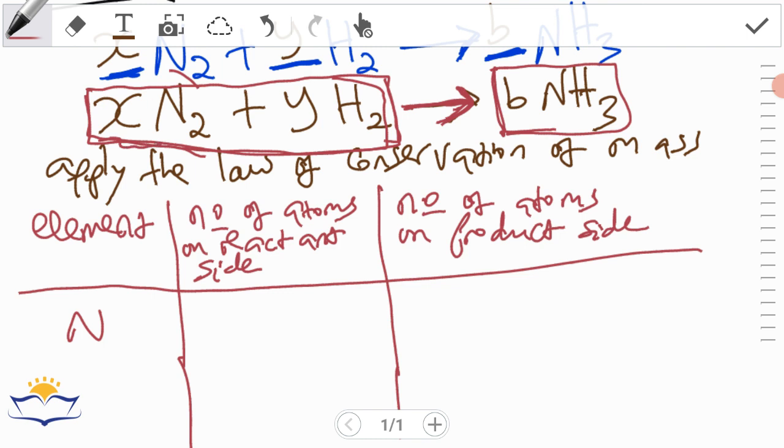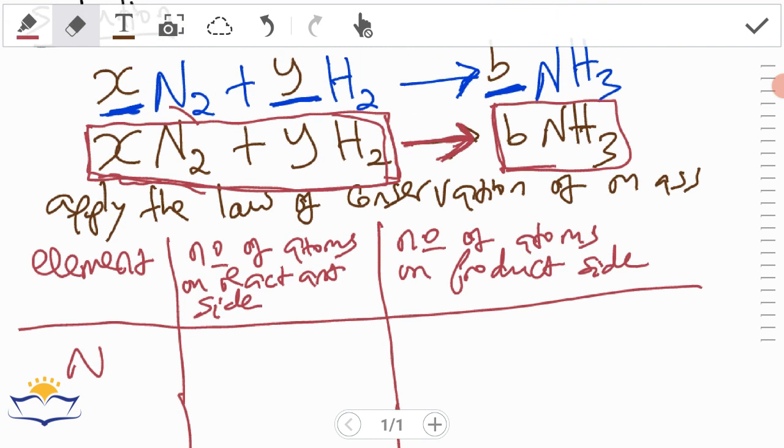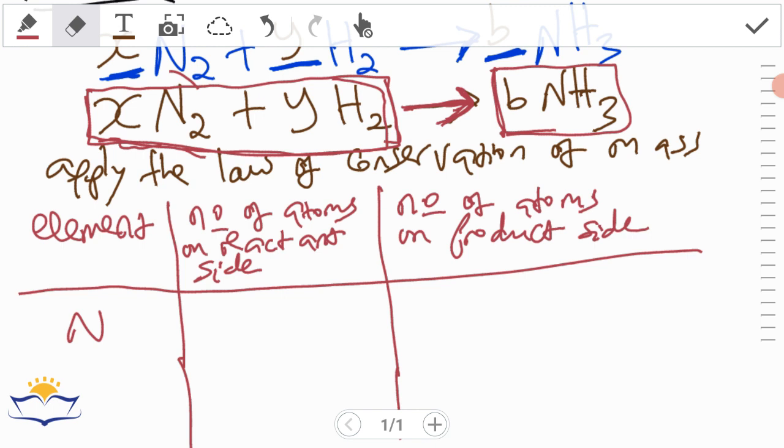So total number of nitrogen atoms, the coefficient, that's the coefficient X times the subscript 2. So 2 times X gives us 2X. Reactant side, the 2X nitrogen atoms.